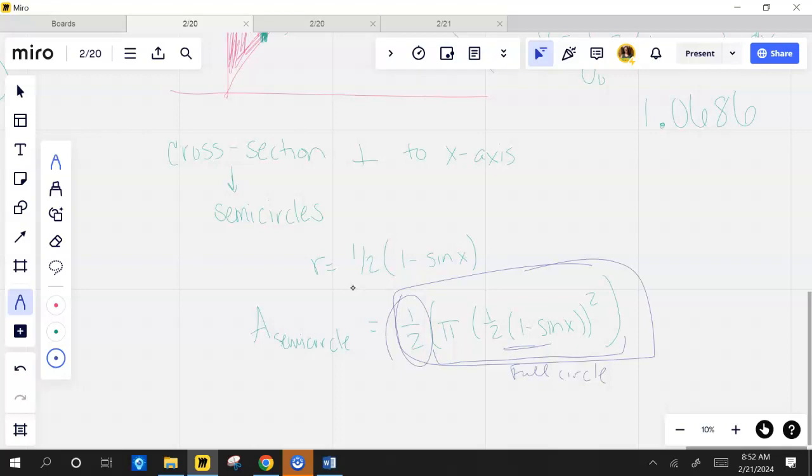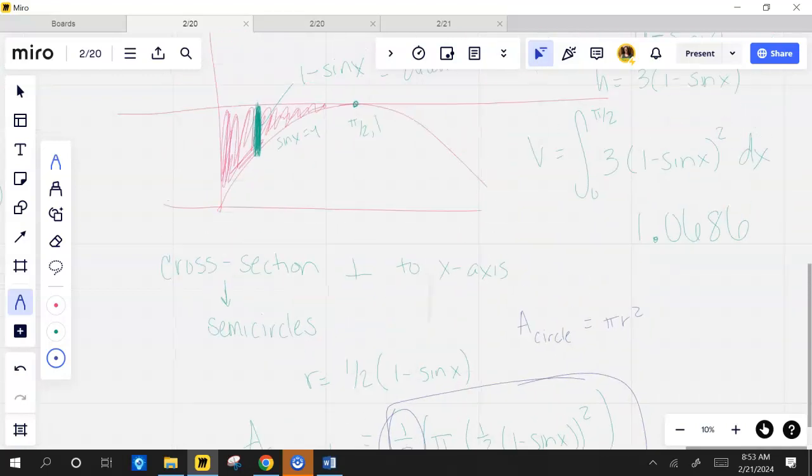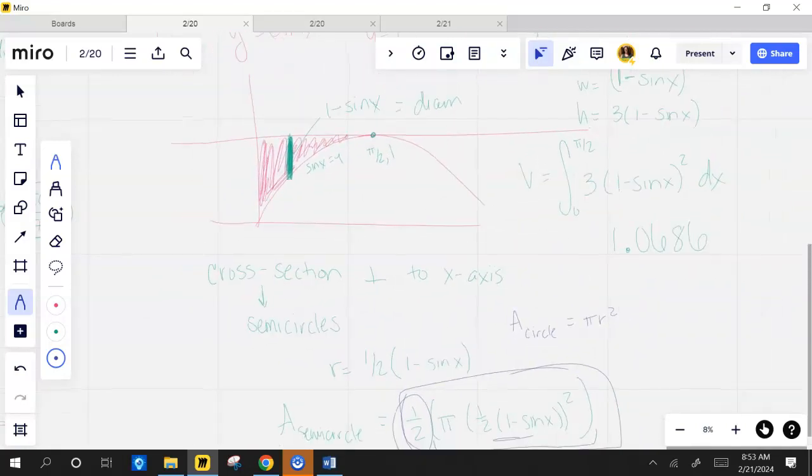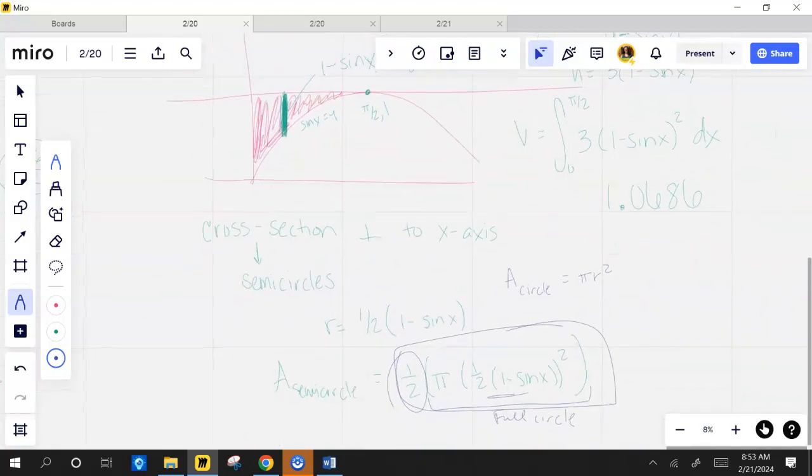Do one with respect to y? Sure. So the area of a full circle is pi r squared. My diameter of this circle is 1 minus sine x, so I have to cut it in half to find the radius.